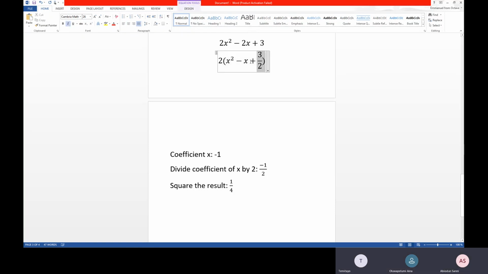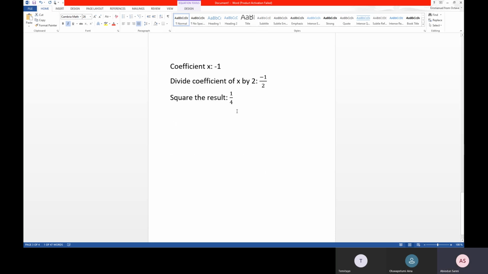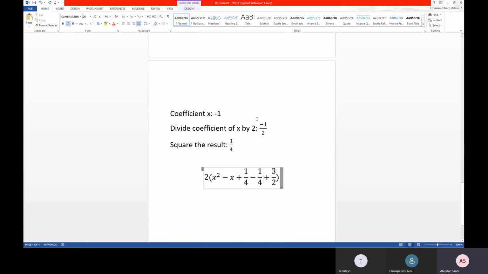So what is going to happen next? Immediately after this x, we now add 1 over 4 and subtract 1 over 4, then plus this 3 over 2 that we have from here.